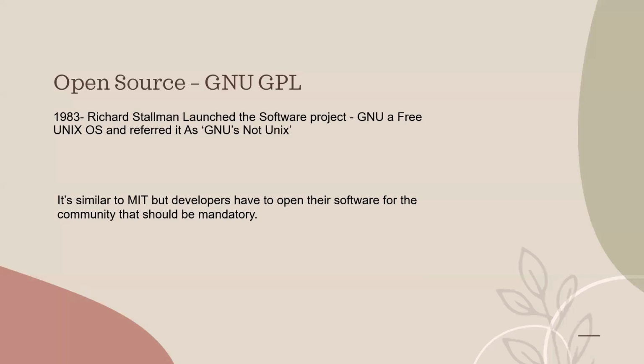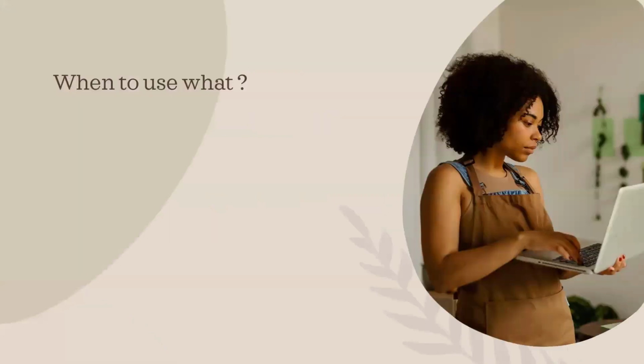You cannot restrict it by saying it's my work product, and you cannot make any amendment. No, that way it will not work. If you utilize open source softwares under GNU license, then your final work product also needs to be open for the entire community. So this is the basic difference between these two.